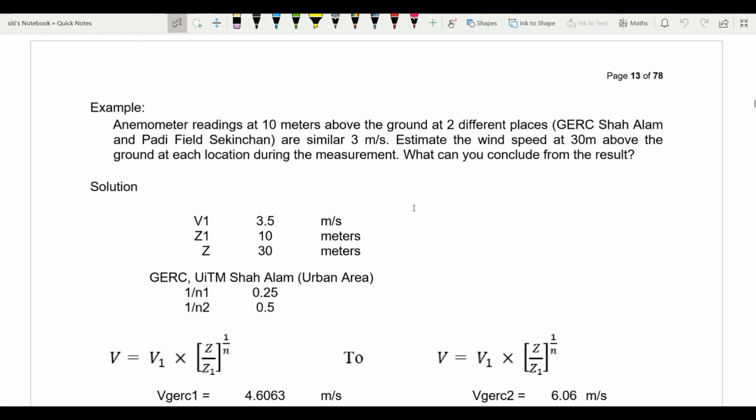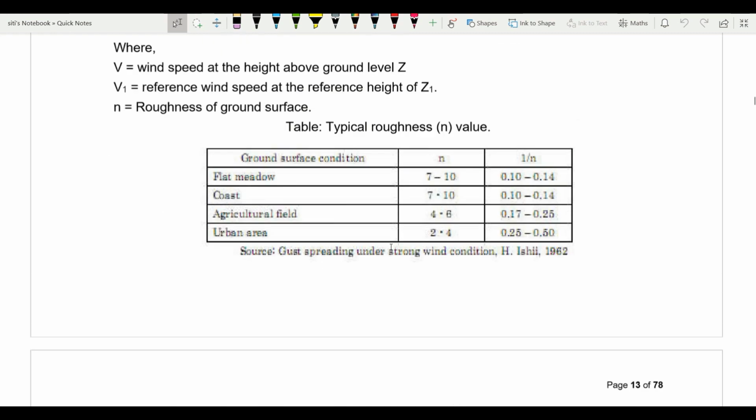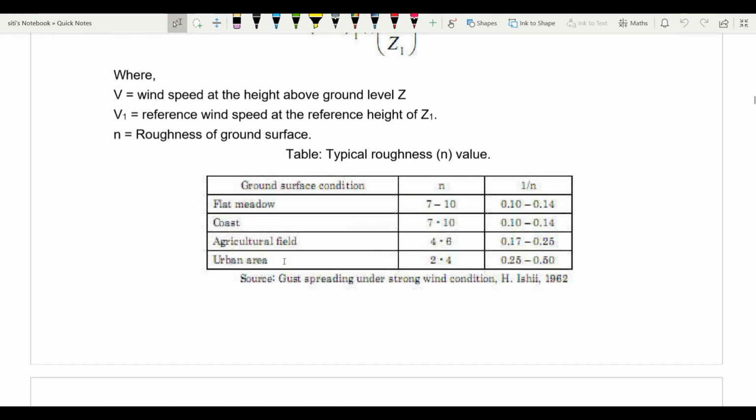Okay, first we calculate. We know that the speed at 10 meters is 3.5 meters per second, and the reference for Z is 30 meters. GRC UiTM Shah Alam is an urban area, so for this urban area we use roughness 2 to 4.